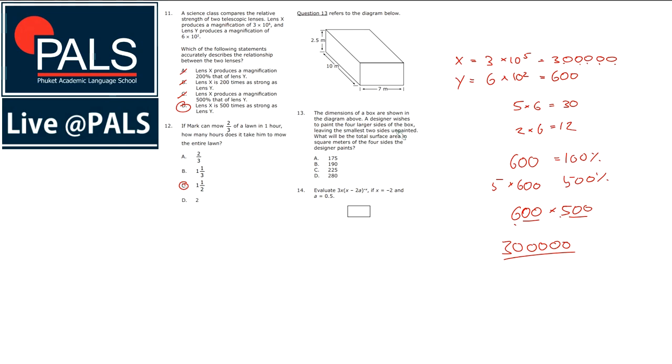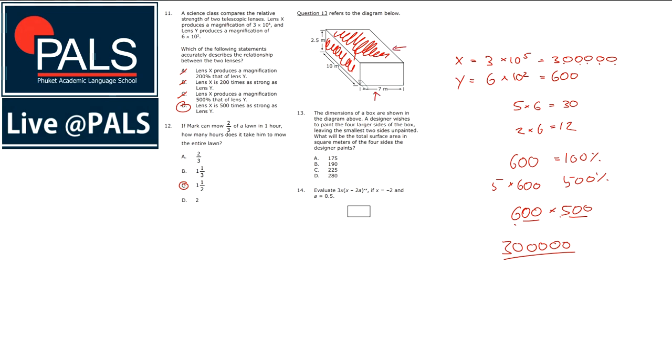What will be the total surface area of the 4 sides that are painted? So this is the smallest side here, which is not painted, so we will paint this side, and then the 2 corresponding sides that we can't see, so the underside and the side on the right.